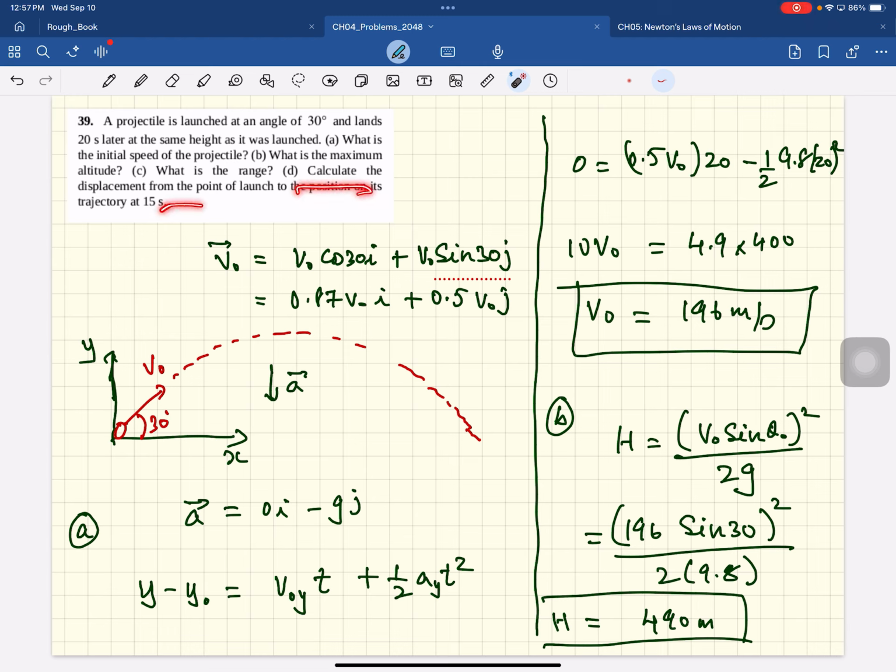Calculate the displacement from point of launch to the position on its trajectory at 15 seconds. So at 15 seconds, it'll be somewhere there. And I want you to calculate this vector. What you have to do is calculate the x component and the y component.